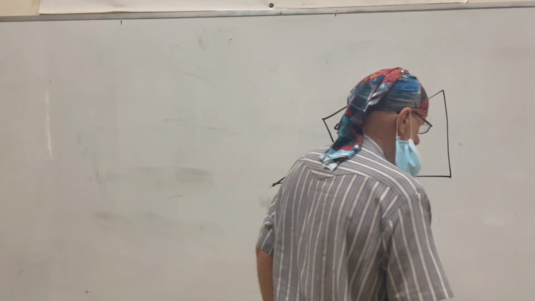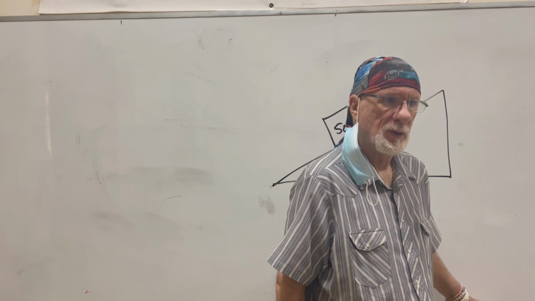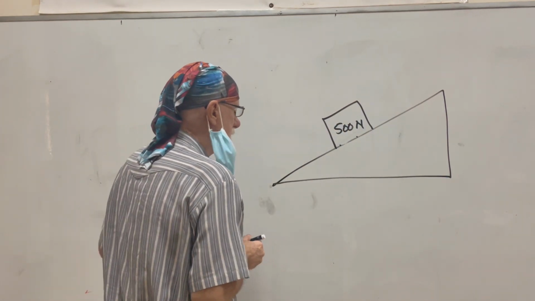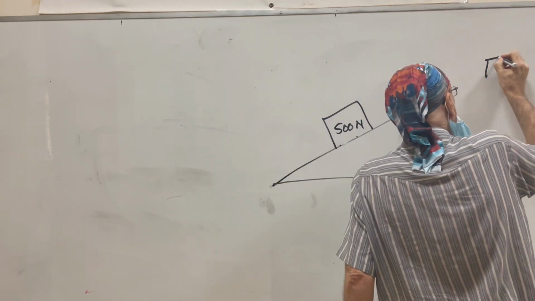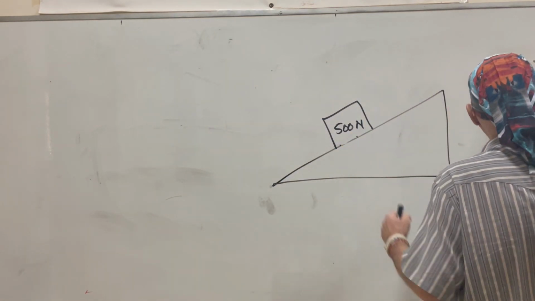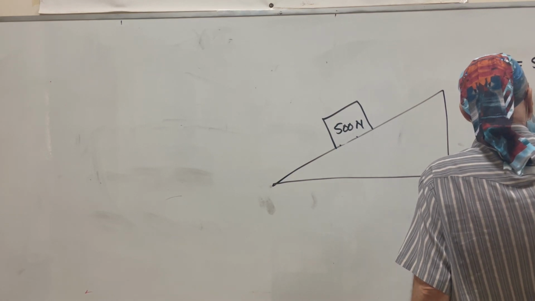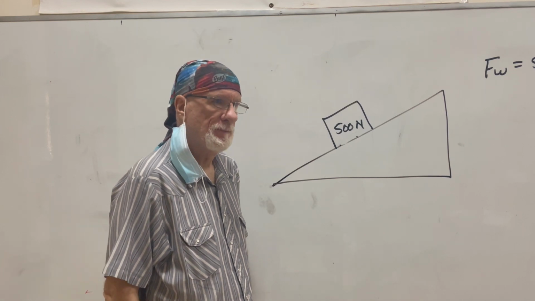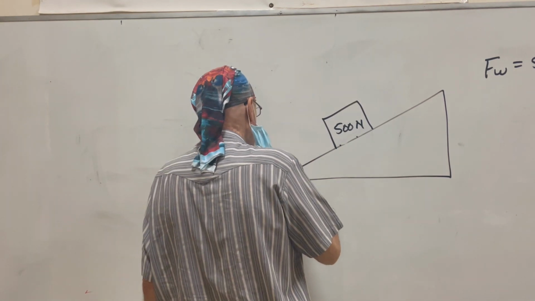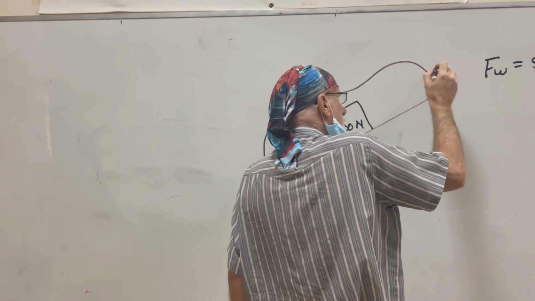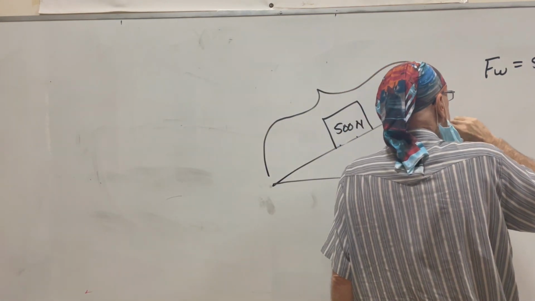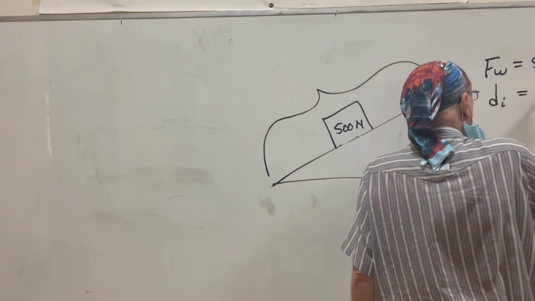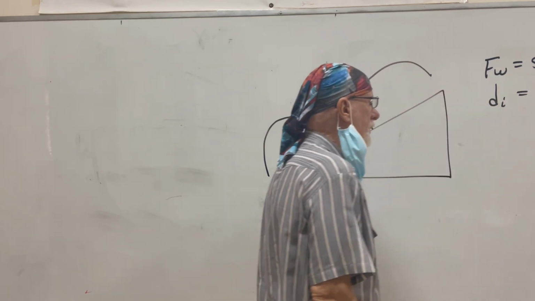Okay, so this is a simple machine that we'll review, okay? And the data I'm going to give you is an object that has a weight of 500 newtons, all right? This plane here, the inclined plane, we'll say is DI, and we'll say that that's 40 meters, okay?